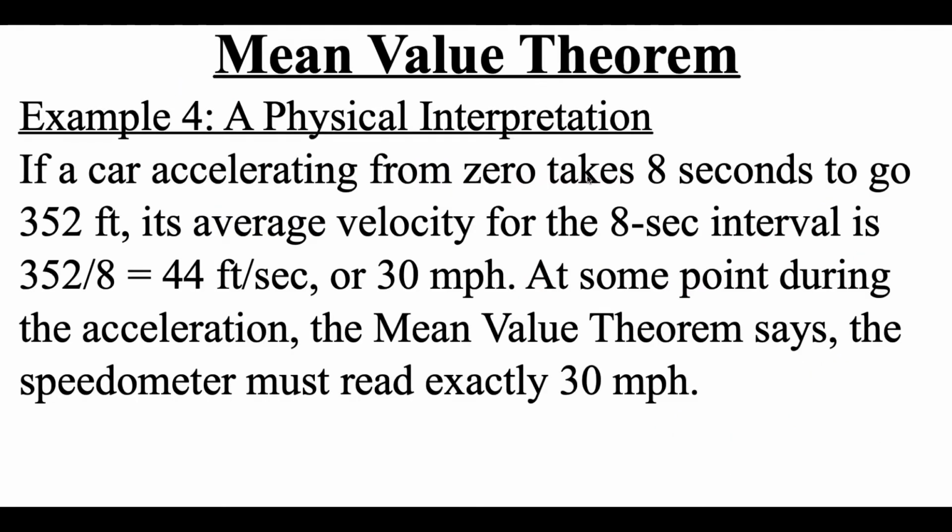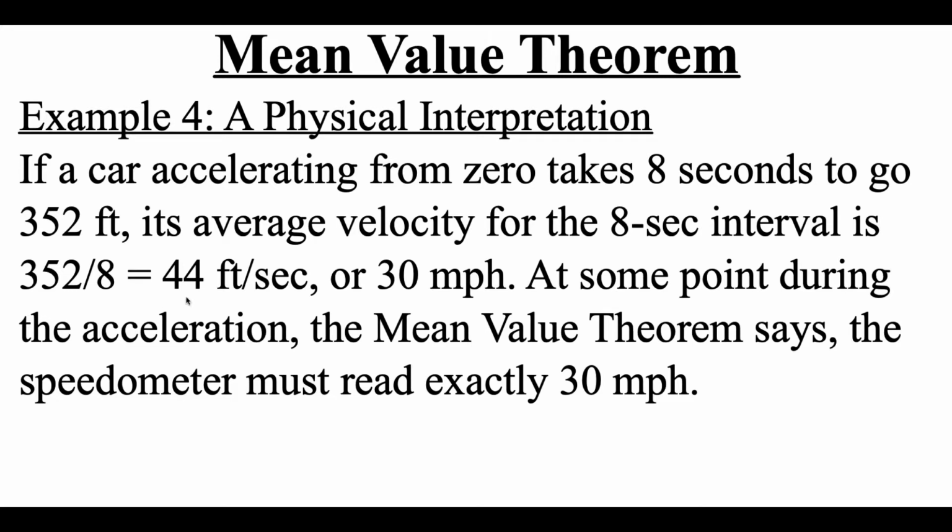Now, all the examples that we've been doing up to this point have been very mathematical and conceptual. But here, if we're talking about a physical interpretation, if we've got a car accelerating from 0 and it takes 8 seconds to go 352 feet, then its average velocity over that 8-second interval would be that 352 feet divided by 8.